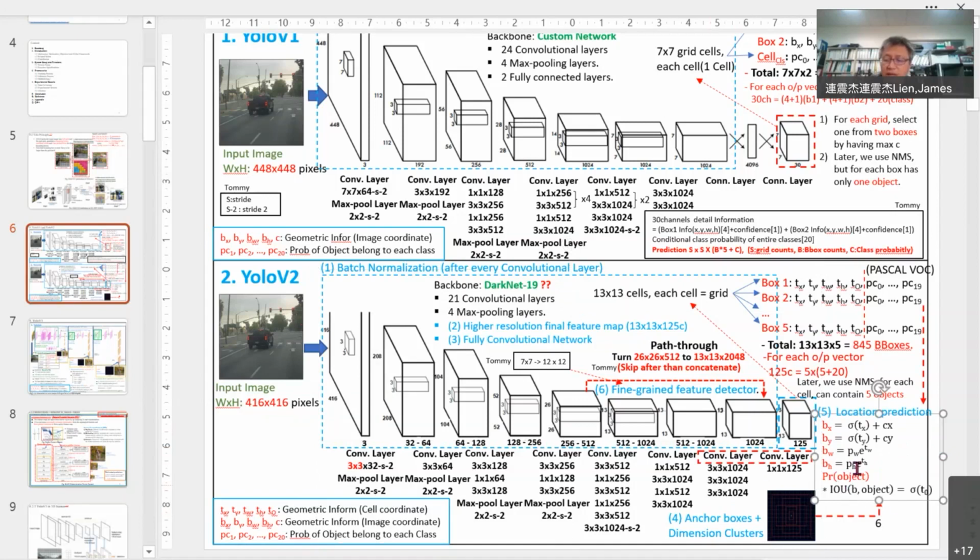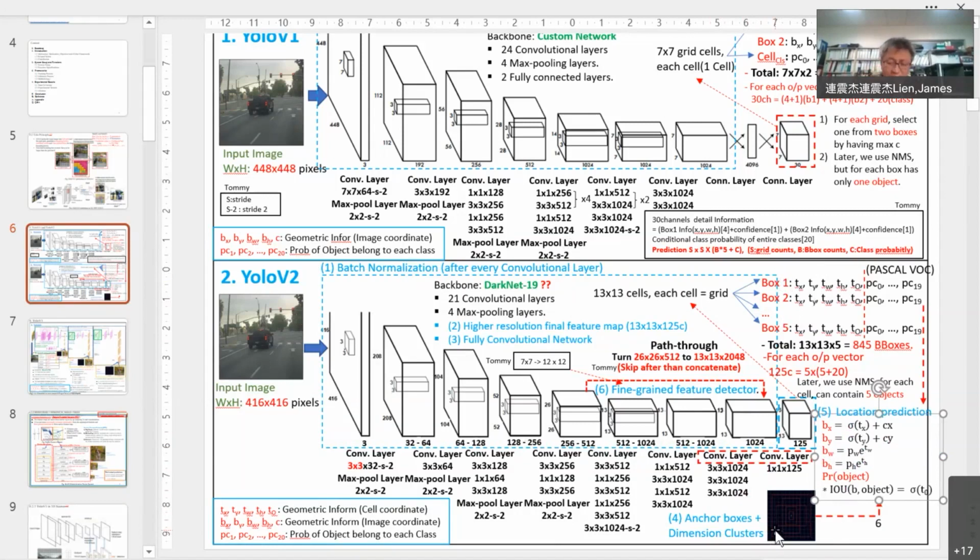And this one, anchor box plus dimension cluster. Oh, sorry, I'm wrong. This one means the anchor box size ratio is based on k-means clustering. They are not 1 to 2, 2 to 1, 1 to 1. No, they are based on the training data.